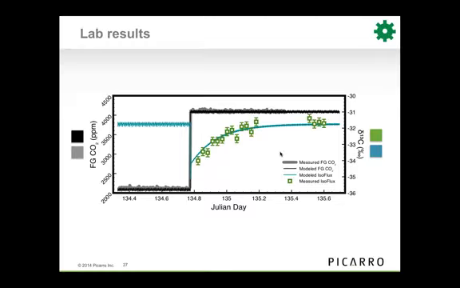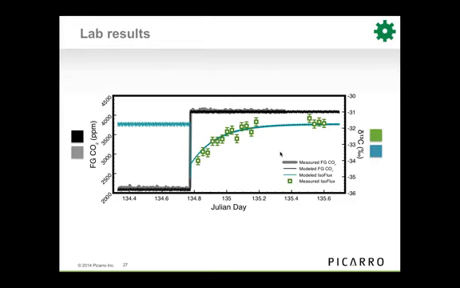We were able to create an isotopic disequilibrium of about 2 per mil, and what we wanted to see is if we could track that with the ISO-FD chamber, which is what you're seeing here in the green dots or the green squares. We were able to track that 2 per mil change very, very well, to within about 0.5 per mil error. So we're already doing substantially better than many of the other chamber systems out there.